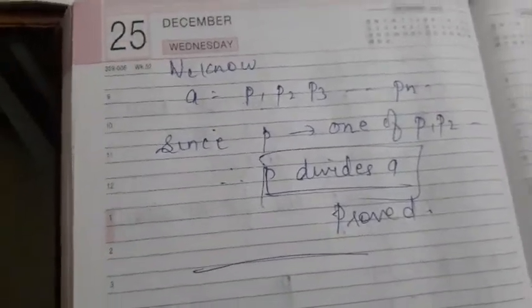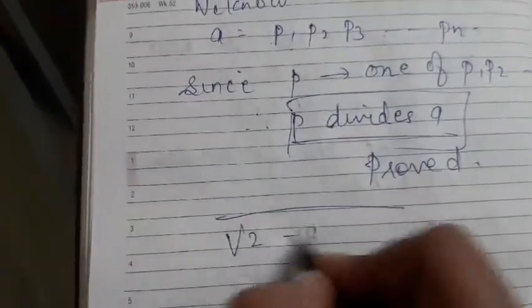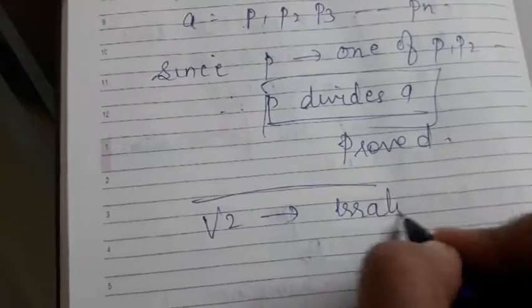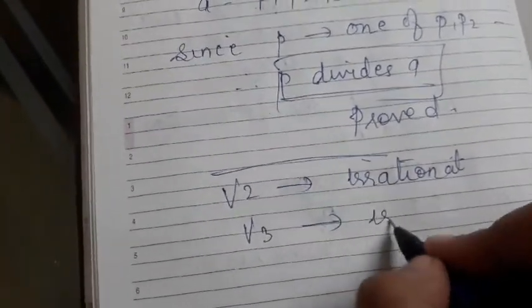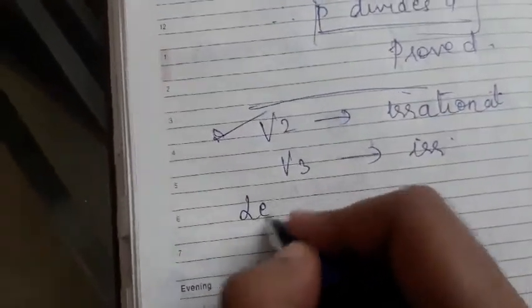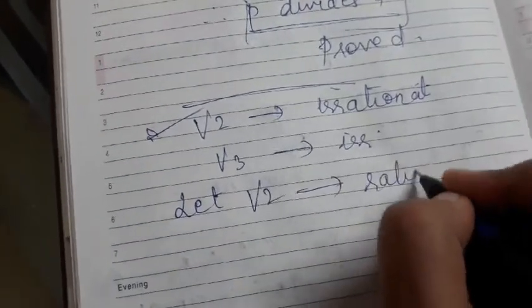And now using this we are going to prove that root 2 is irrational. Or we can prove that root 3 is irrational. Starting with this one, let root 2 be a rational number.